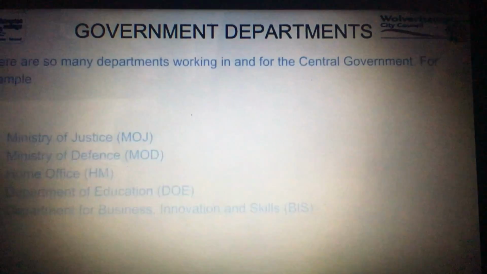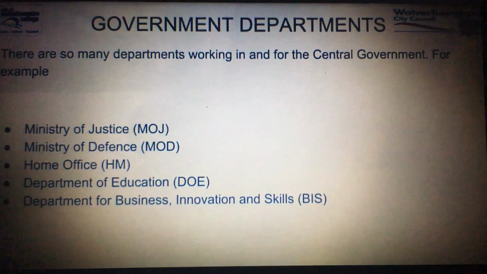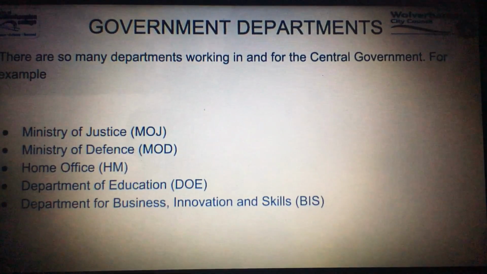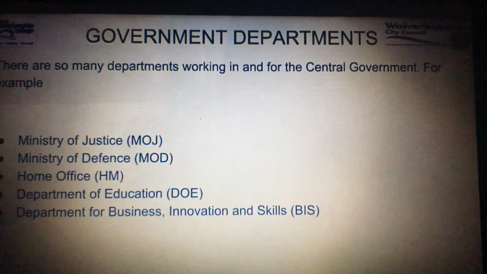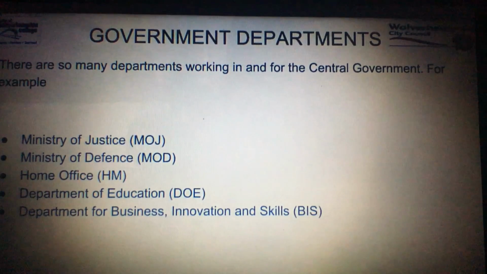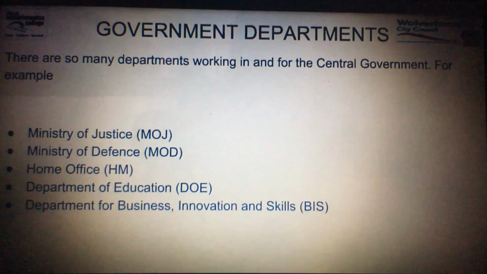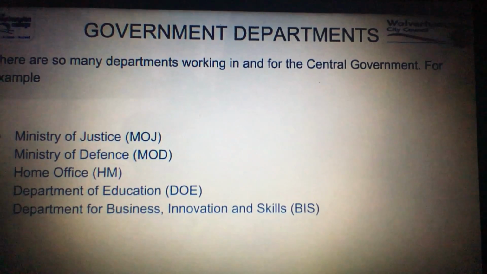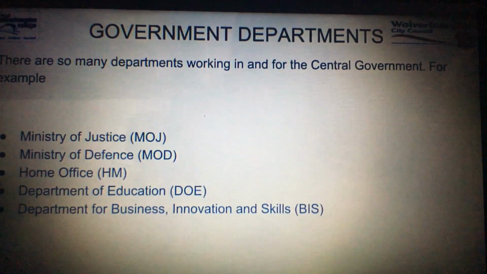Government departments. There are many departments working in and for the central government. For example, the Ministry of Justice (MOJ), Ministry of Defence (MOD), Home Office (HO), Department of Education (DOE), Department for Business, Innovation and Skills (BIS), and many more are responsible for providing a service to the customers or service users, citizens, and helping with the day-to-day work of the population.